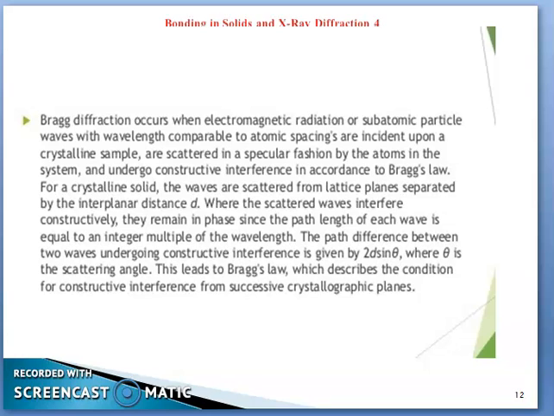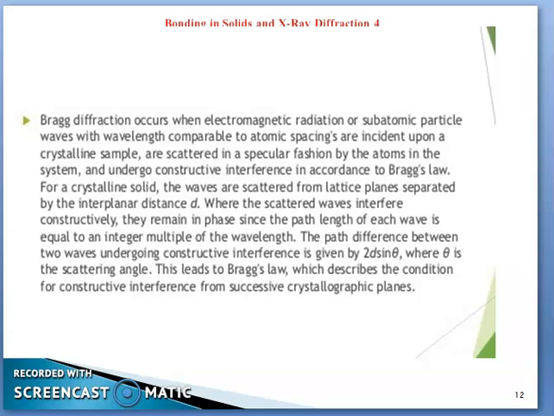The path difference between two waves undergoing constructive interference is given by 2d sin theta, where theta is the scattering angle. This leads to Bragg's law, which describes the condition for constructive interference from successive crystallographic planes.